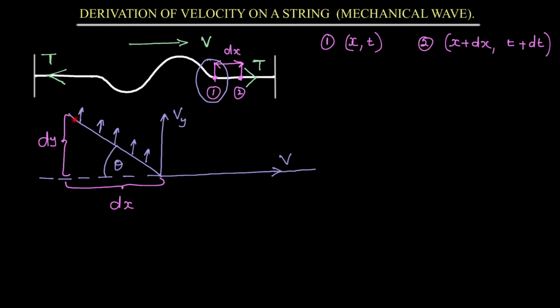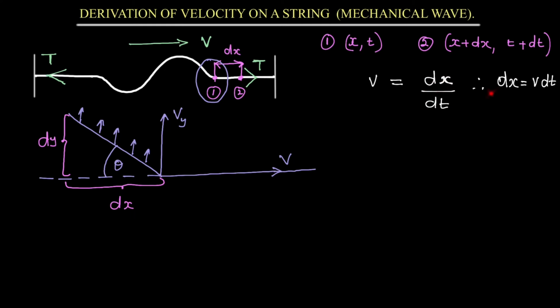If we take that height, we call it delta y, and the distance traveled is delta x. Velocity is change in displacement over change in time, so we can say v equals dx over dt.